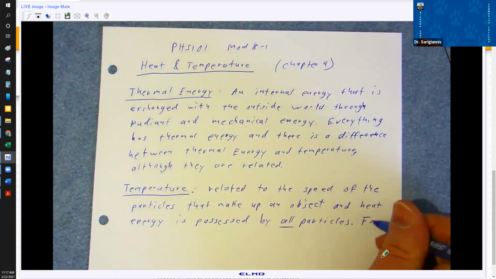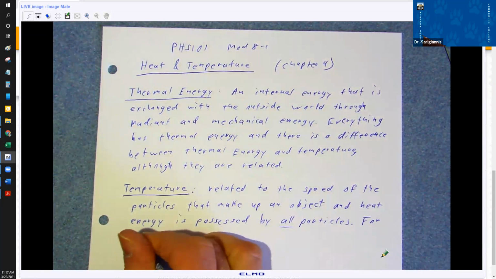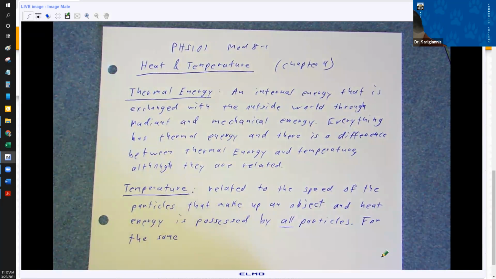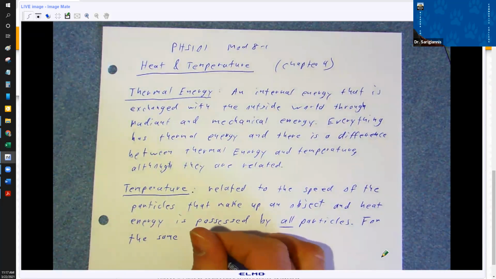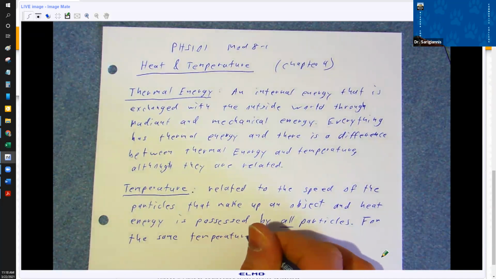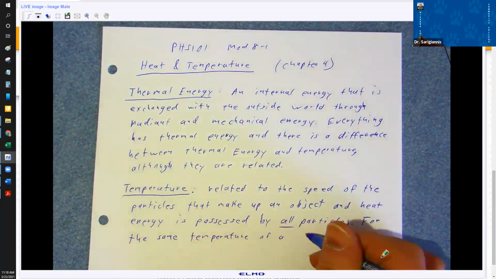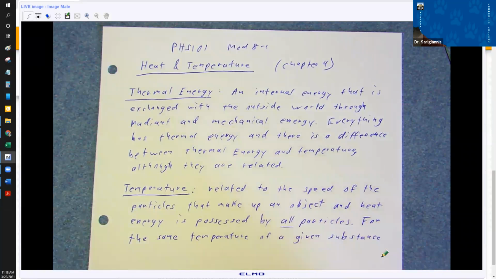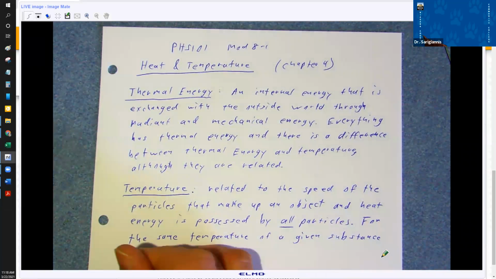So for the same temperature of a given substance, the heat energy depends on mass.